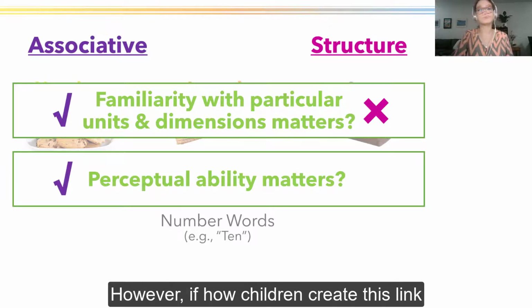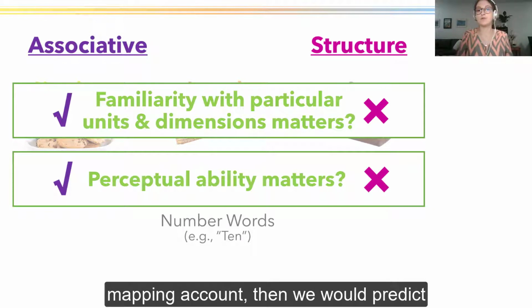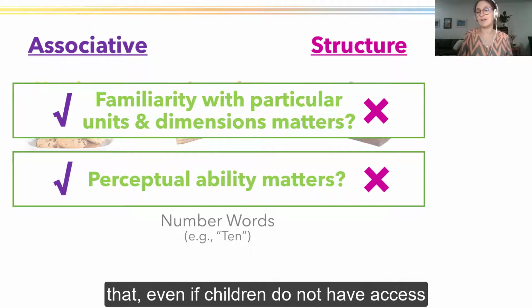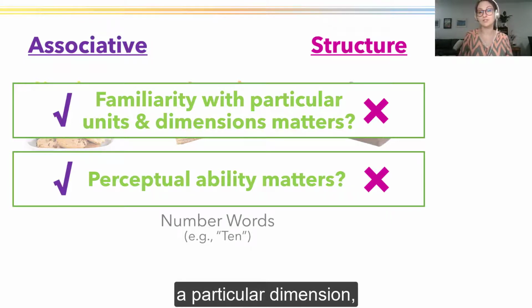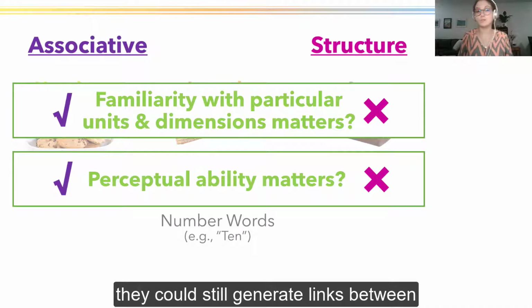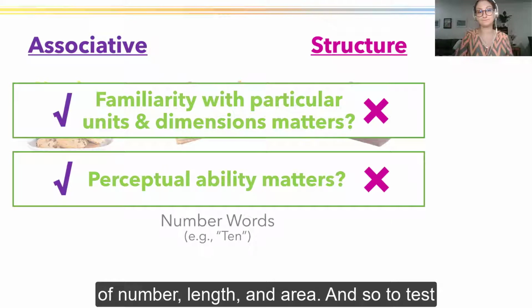However, if how children create this link is more consistent with a structure mapping account, then we would predict that even if children do not have access to precise perceptual representations in a particular dimension, they could still generate links between number words and their perception of number, length, and area.